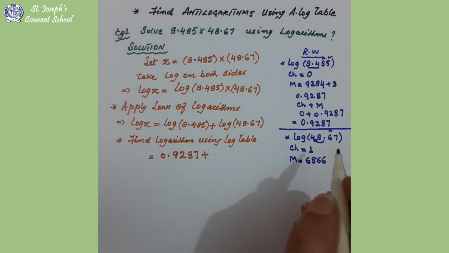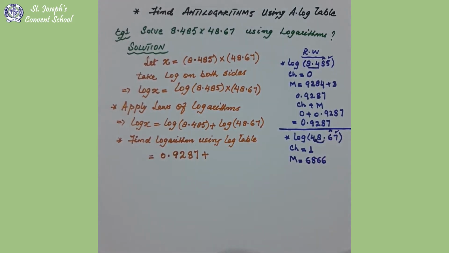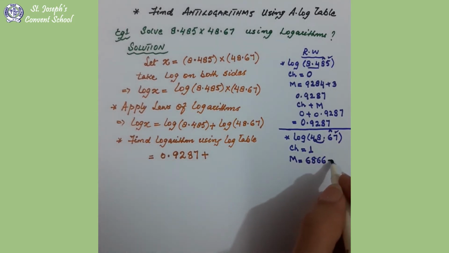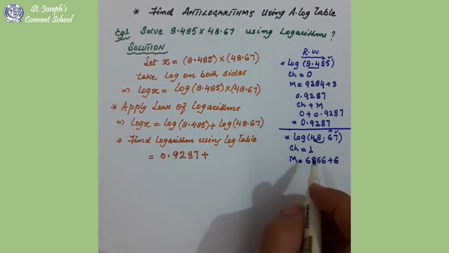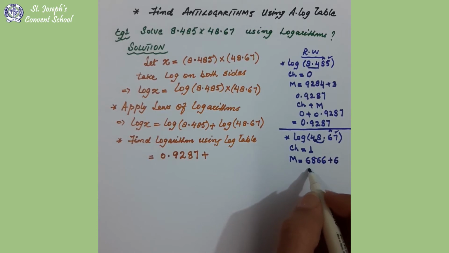And the last, fourth digit, you will check in the mean difference column. So the value of 7 in the mean difference column is 6. So we will add 6. Always add the mean difference value. So after adding, you'll get 6872. And now put the decimal.